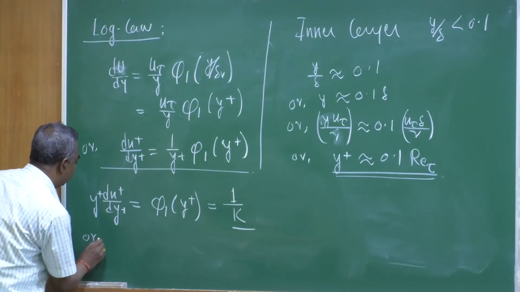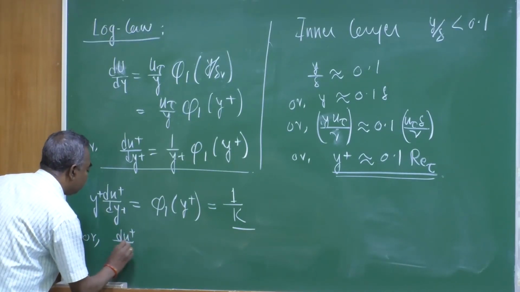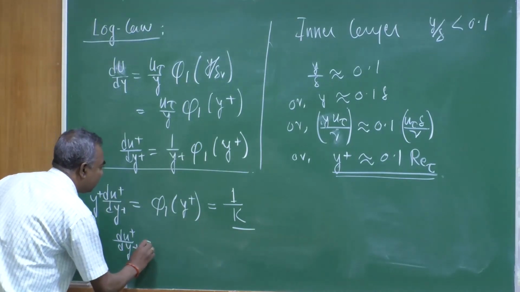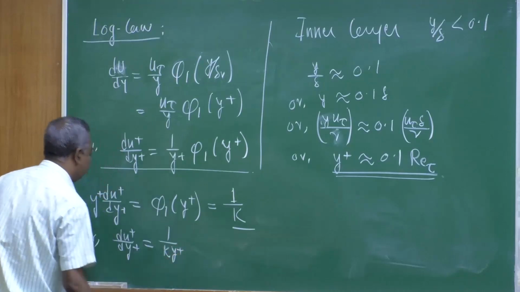From this equation, what do we get? du plus dy plus is equal to 1 by kappa y plus.